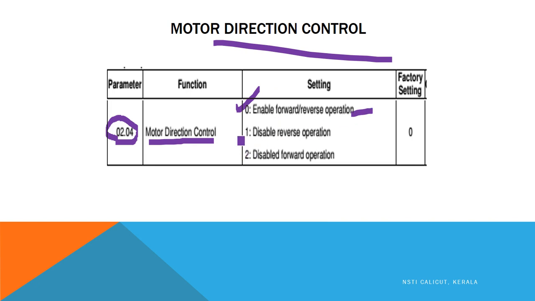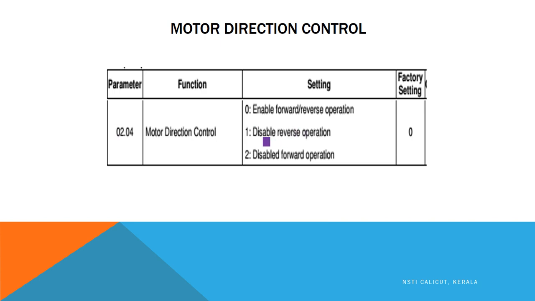And if it is set for 1, it will be running in only forward direction. So when you are supplying the motor, it will be running only in forward direction, whatever may be the supply condition. And if it is disabled for forward option, it will not run in the reverse condition. So these are the direction control of motor.